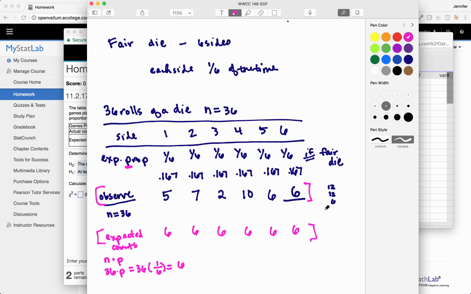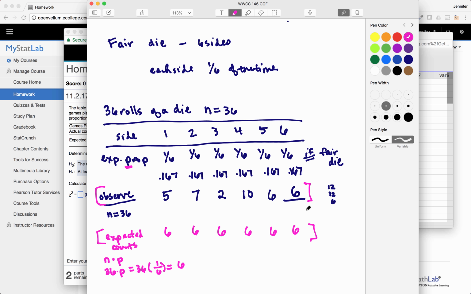So when we go through the goodness of fit test, you're comparing 5 against 6 and asking, is that close or far away? 7 against 6, close or far away? 2 versus 6, 10 versus 6, 6 versus 6, 6 versus 6, and looking at everything all at once and coming up with an answer, which is the result of our goodness of fit test.